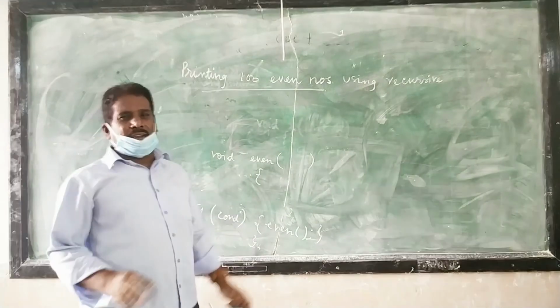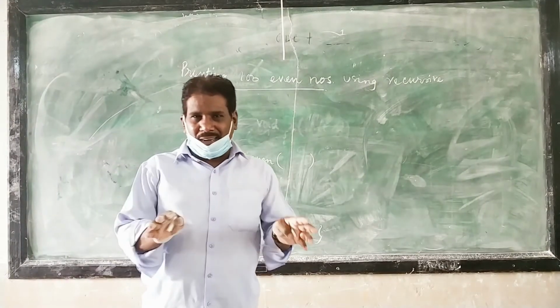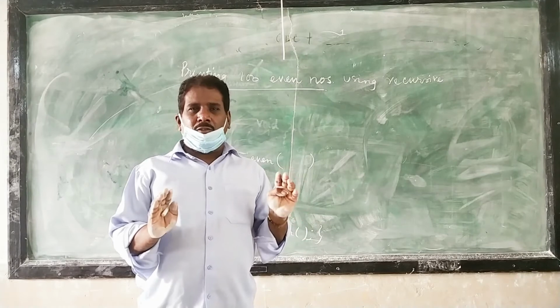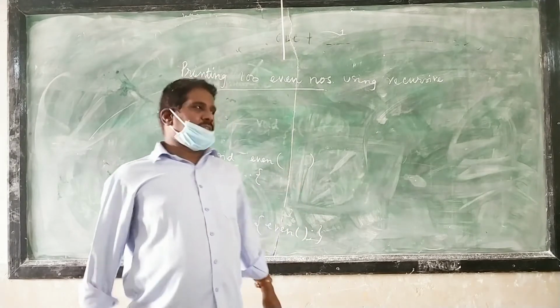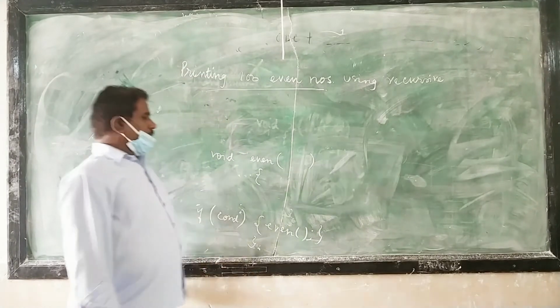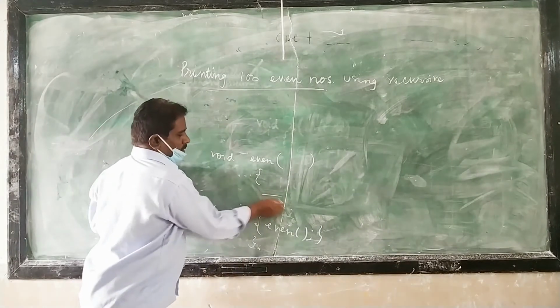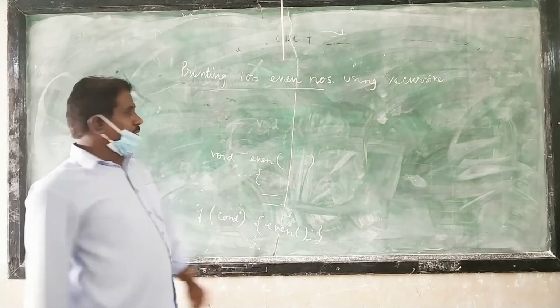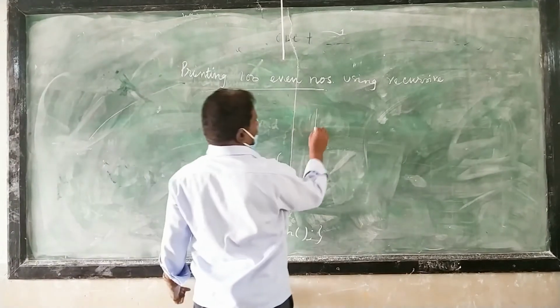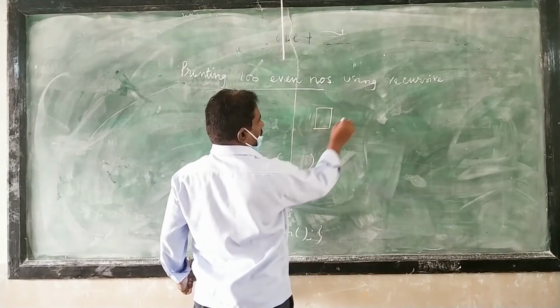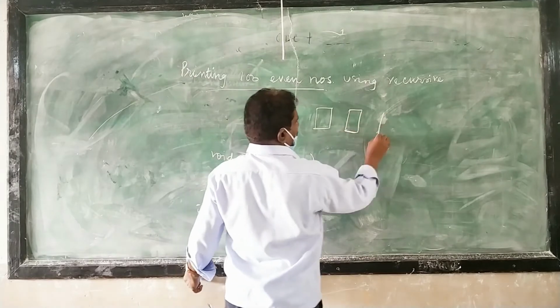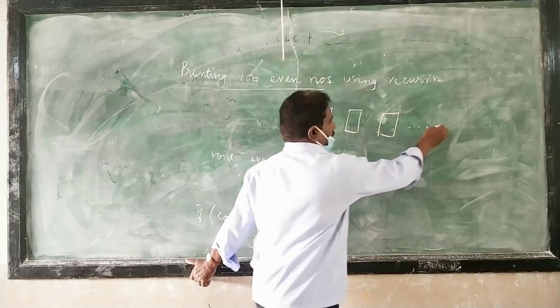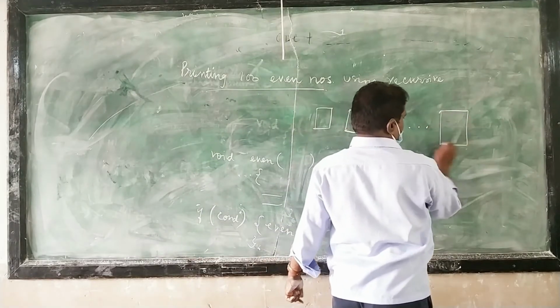A recursive function cannot be written in the first attempt. Without planning, we cannot write a recursive function. We don't know yet what the code is going to be, but some code is repeated 100 number of times. So let us take first time, second time, third time, dot dot dot, 100th time.